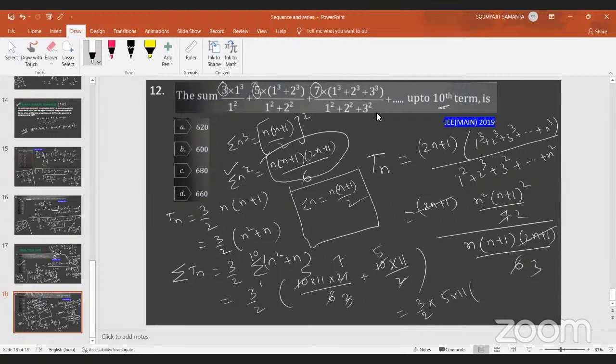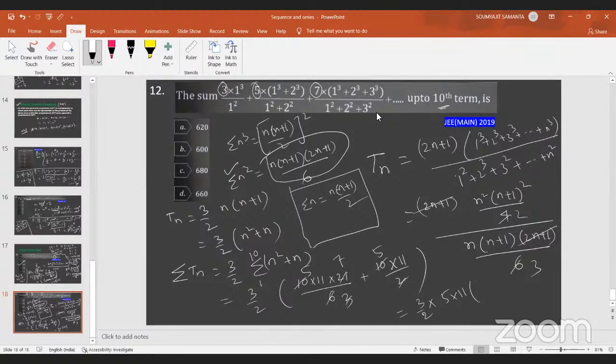Check again. 10, 11, 21. What is the answer for this? Tell me the final answer. Sir, final answer was 660. Yes, sir. 10, 11, 21. I don't think there is any mistake.